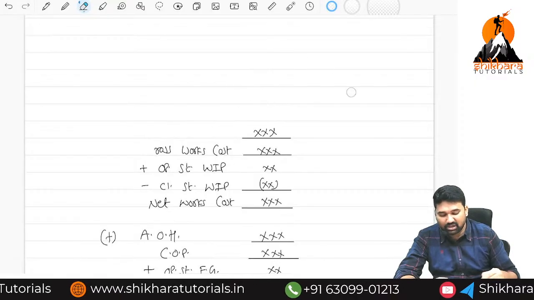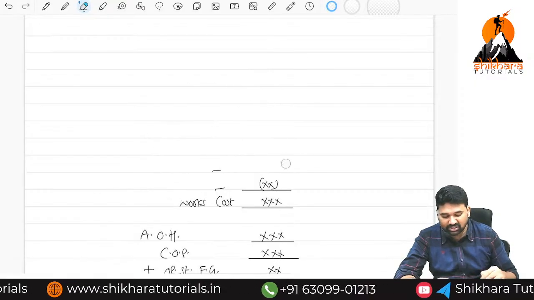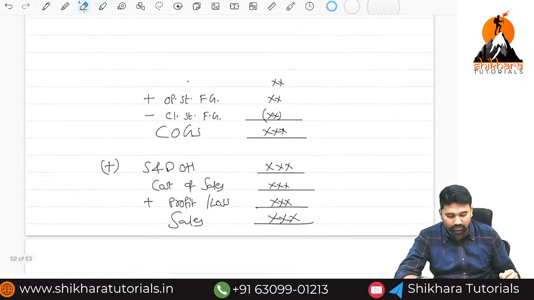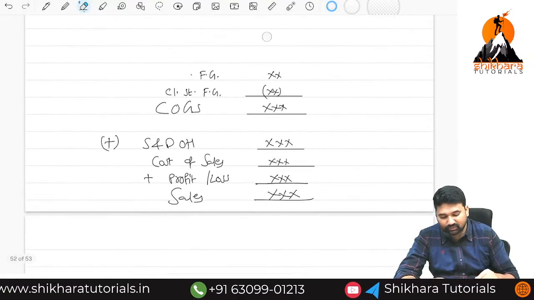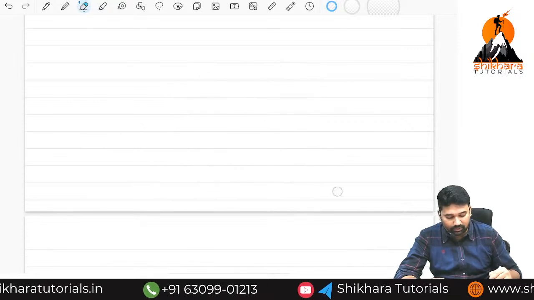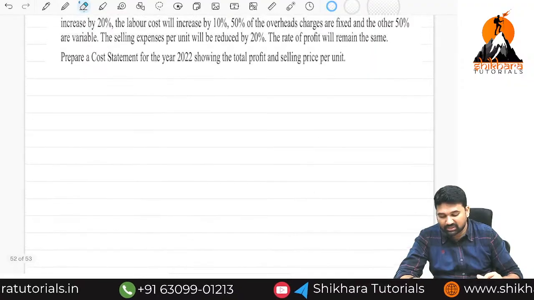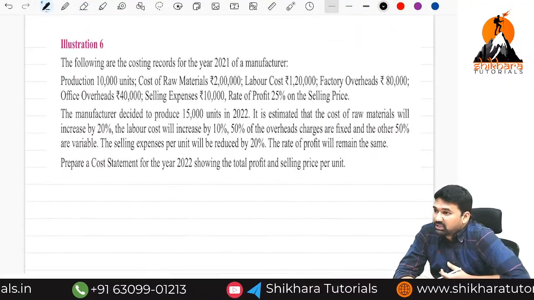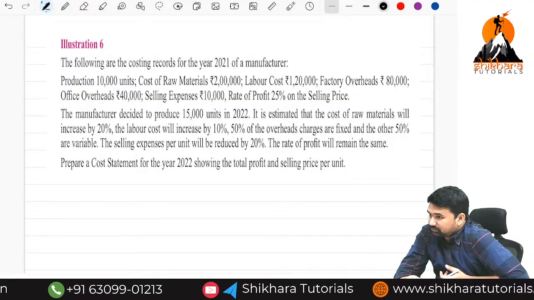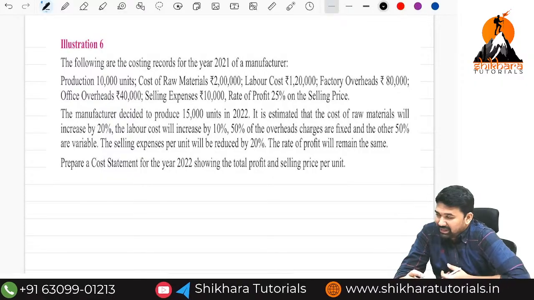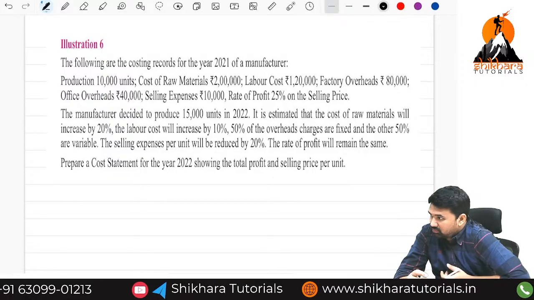Now we have already solved some problems in cost sheet, and I have given a problem as homework. But due to continuous holidays, you people have converted into enjoy mode. Have you solved the problem? Illustration 6. Have you tried? No. Why?